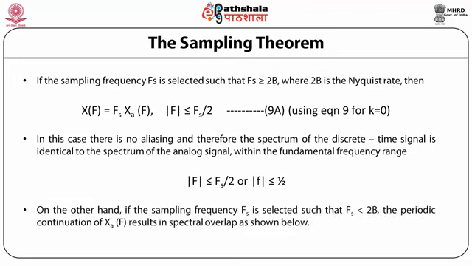Now on the other hand, if the sampling frequency fs is selected such that fs is less than 2B, the periodic continuation of Xa(F) results in spectral overlap, which is shown in this figure.